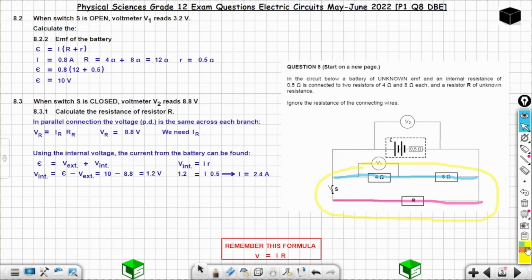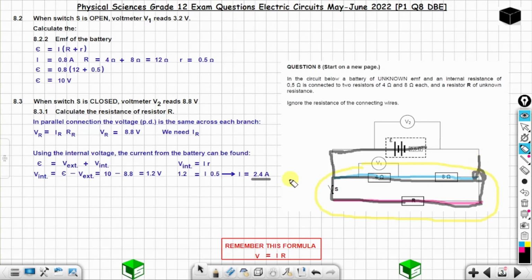The current coming from the battery is this one. This current is going to split. Some of the current goes on this branch and some on this branch, and the current will join at this node.